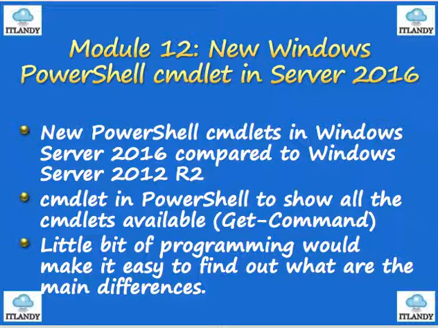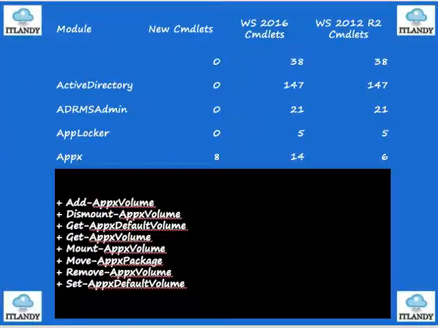So let's jump to the first part, and you can see the first part. This is what the structure will look like for the rest of the sessions. So modules, new cmdlets, and 2016 and 2012. Later on, we'll cover a comparison between them in relation to services as well as the PowerShell.